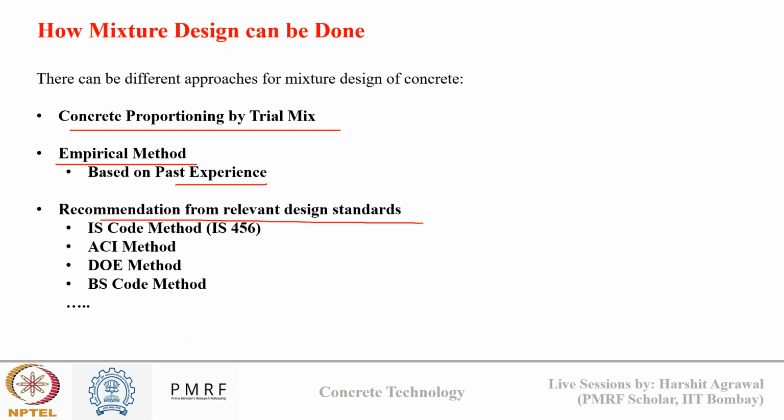There are several standards that have been made to aid the mixture design of concrete, like the Indian Standard methods IS 456 and IS 10262. There is the DOE method, the ACI method, and the BS method, British Standard for mixture design. So when we follow the instructions and steps in these design guidelines, we can achieve a concrete mixture for our desired need.